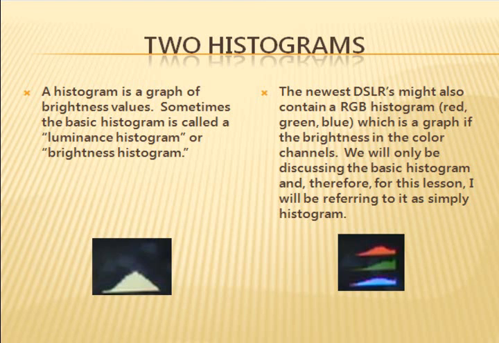We're going to stick with the basic histogram, and so when I say histogram, I'm going to be referring to the luminous histogram or the brightness histogram. I'm not going to say luminous and brightness all the time to differentiate between the two. Just know that in this lesson, when I say histogram, we're only talking about the luminous or the brightness one.